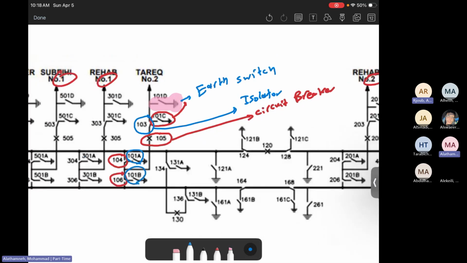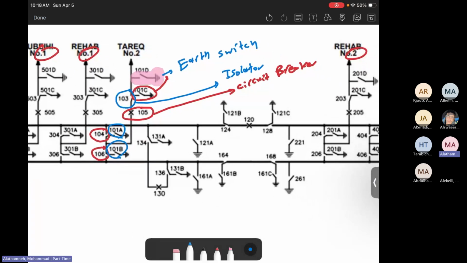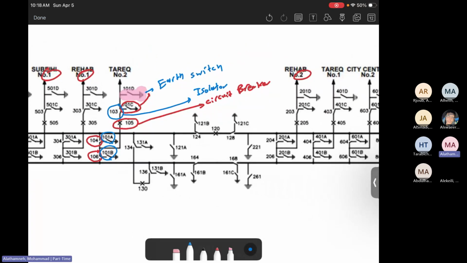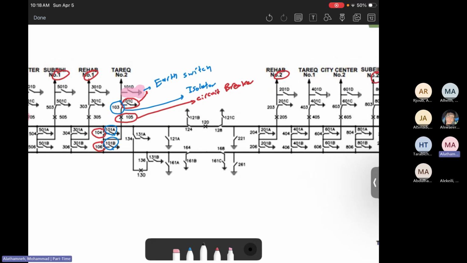When you look at it, all of them share these three equipments: circuit breaker, isolator, earth switch. Now, if you need to turn off something, you need to keep in mind to work in order. The first thing is to turn off, or trip, the power.